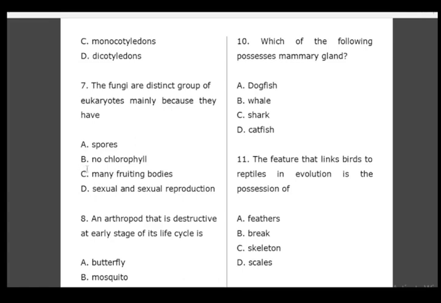No chlorophyll, because if you look at the fungi, they are plant-like organisms that lack chlorophyll, because they do not possess the chloroplast.